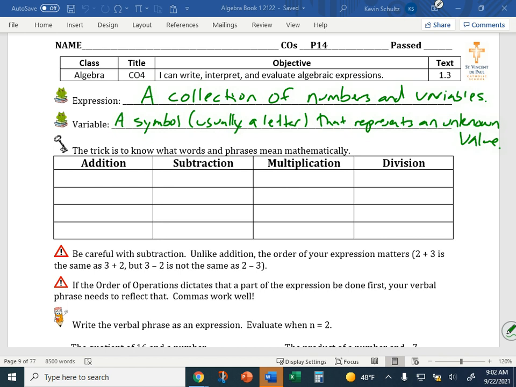So, we will begin by going through this table and getting to know some of the phrases that mean these main 4 operations. Because whenever we want to add something, we don't always say just plus, right? There are other ways to say addition, such as what? What's a word or phrase that you've seen before that's used to represent adding 2 things together? Kylie? Added to.